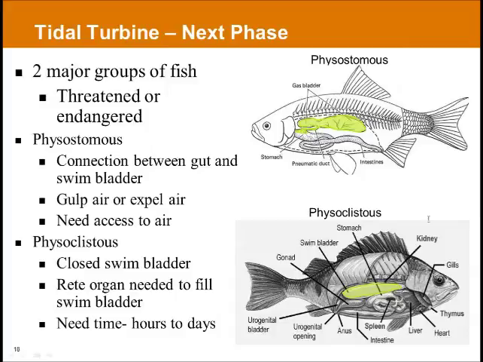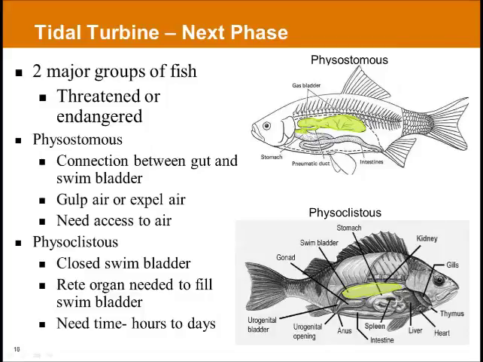But to become neutrally buoyant, which as I mentioned before is an important factor for these animals, particularly if we're handling them and using them for an experiment, they need to be able to fill their swim bladder, and they need some air bubbles to do that.